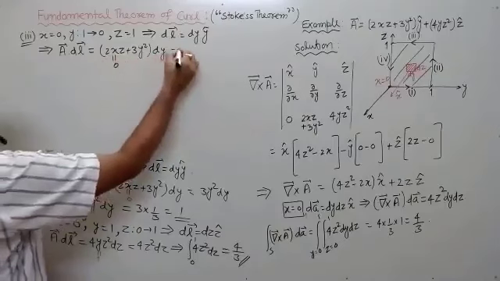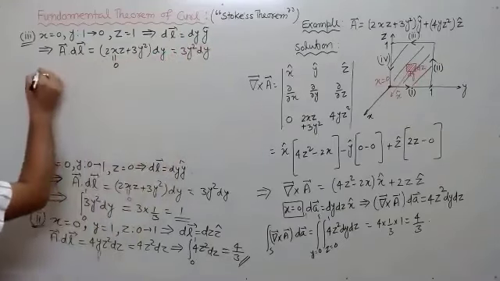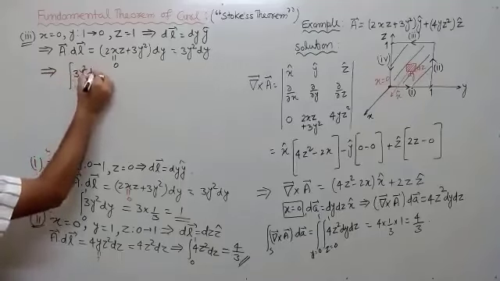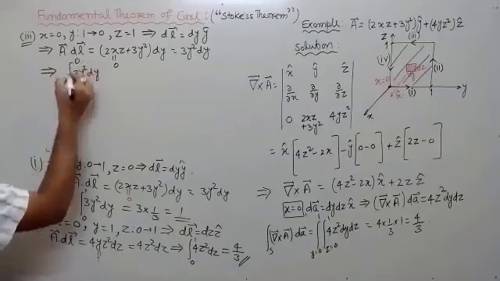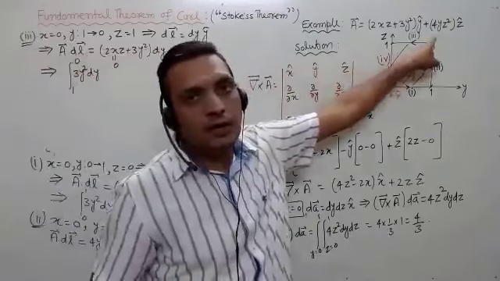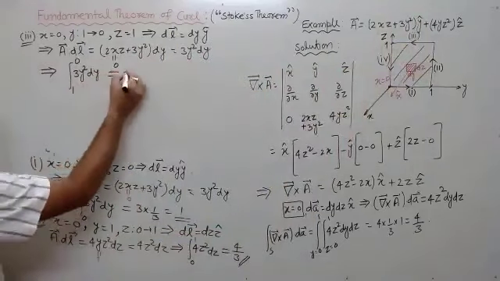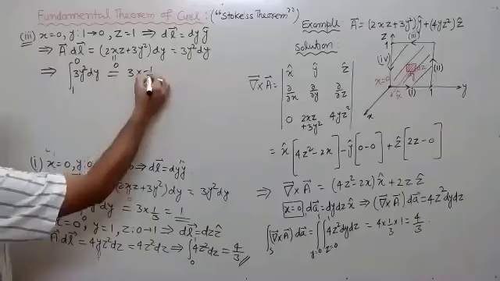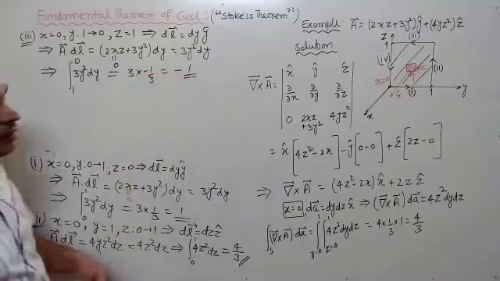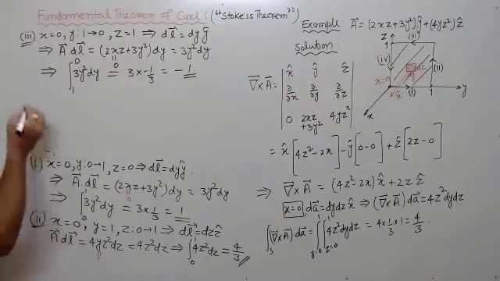Put x is 0. Now the limit will be 1 to 0. In this case, the limit of y is 1 to 0. So if you put this limit, this will be 3 into minus 1 by 3, that will be minus 1. So along segment 3, the line integral will be minus 1.